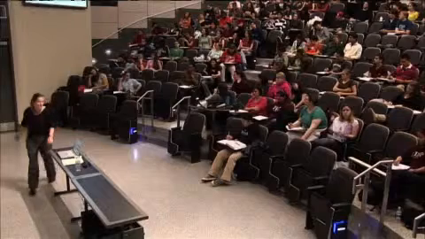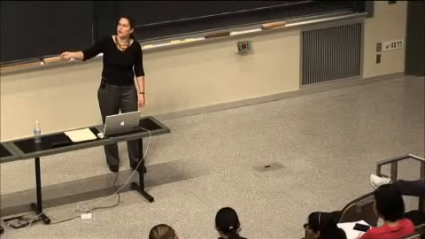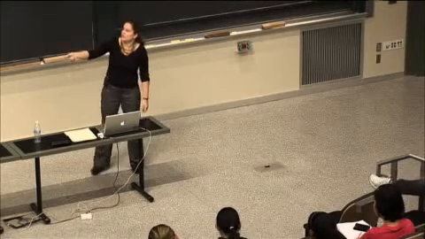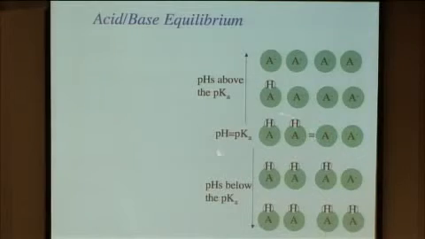So let's look at the figure now that's in today's handout and think about this. When the pH equals the pKa, you will have an equal number of moles of something that's protonated as deprotonated. If you're at pHs above the pKa, you'll be more deprotonated. At pHs below the pKa, you'll be more protonated.